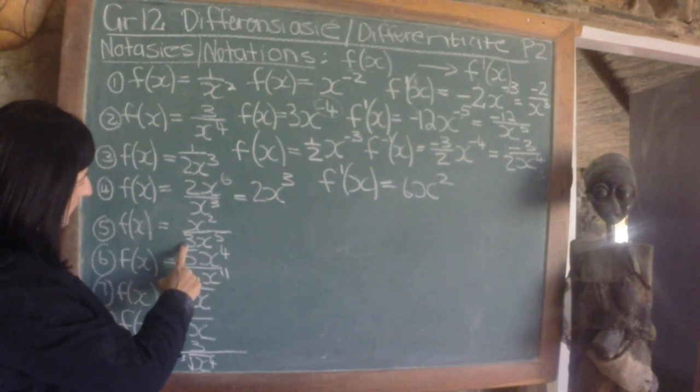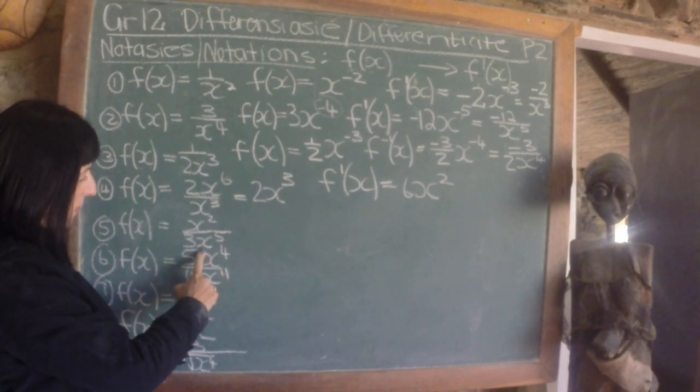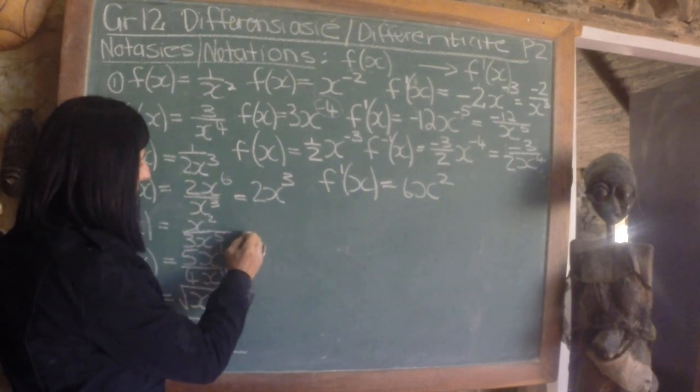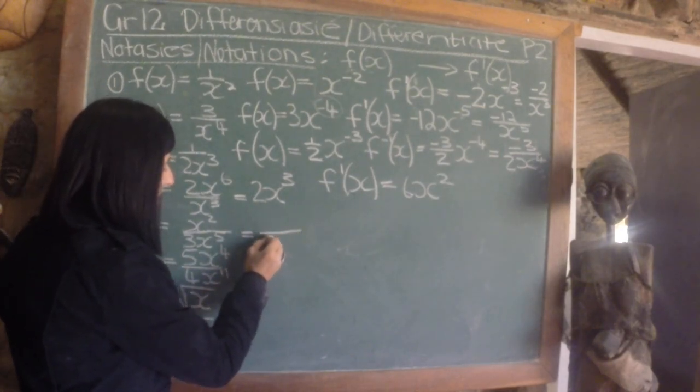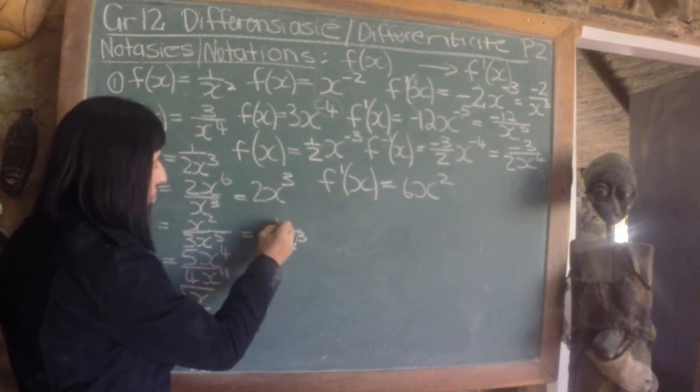Okay, hierso, there's 2 x's at the top, 5 x's at the bottom. So if you simplify it, the 3 stays underneath the line en ek het 3 x's onder oor.